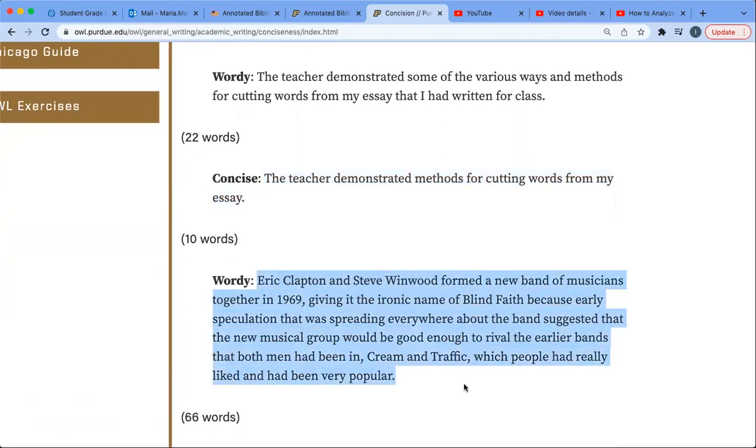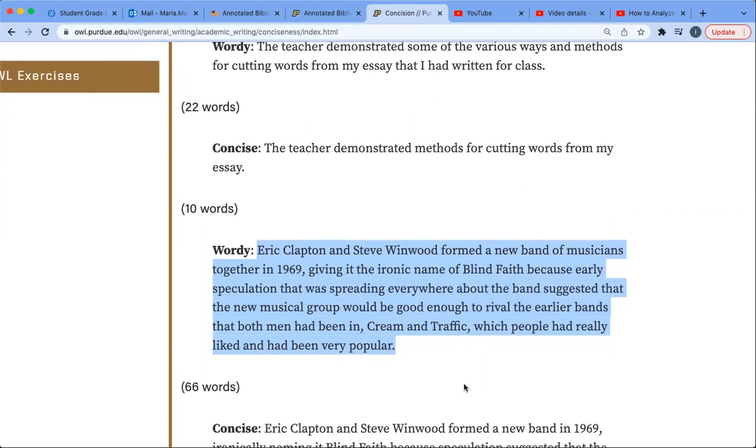66 words. With this paragraph, you can read the paragraph. Eric Clapton and Steve Winwood formed a new band of musicians together in 1969, giving it an ironic name of Blind Faith, because every speculation that was spreading everywhere about the band suggested that the new musical group would be good enough to rival the earlier bands that both men had been in, Cream and Traffic, which people had really liked and had been very popular. 66 words.